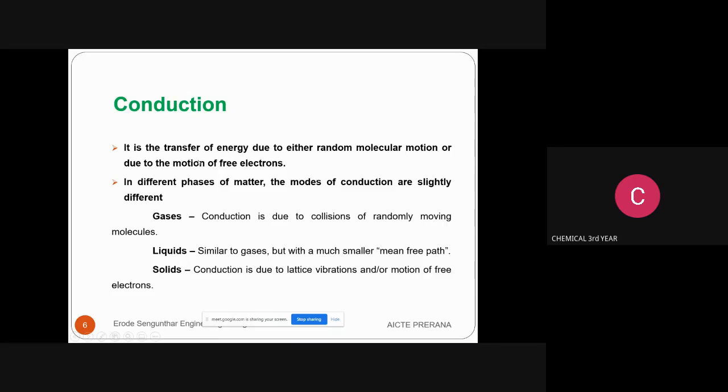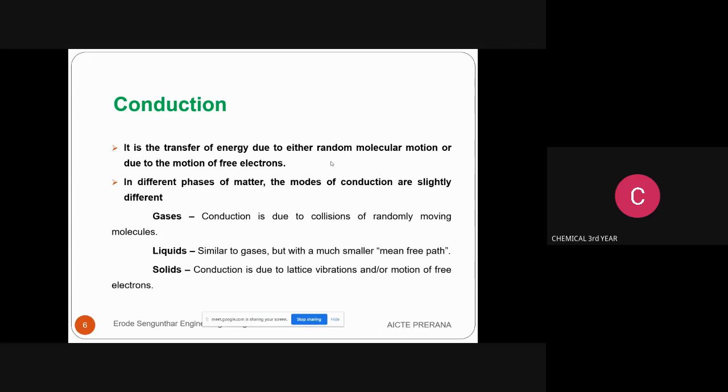It is the transfer of energy due to either random molecular motion or due to the motion of free electrons. So the body should be in rest condition, it should not move anywhere, but inside that body it can be packed with a number of molecules, electrons and atoms, right? So there may be movement.